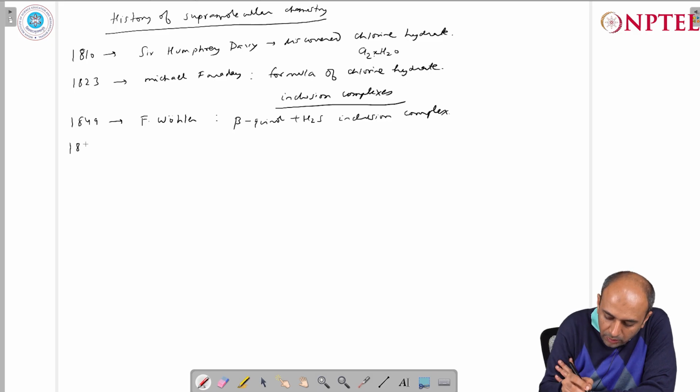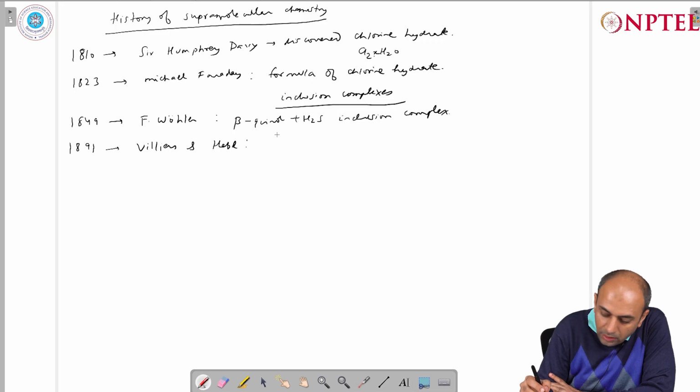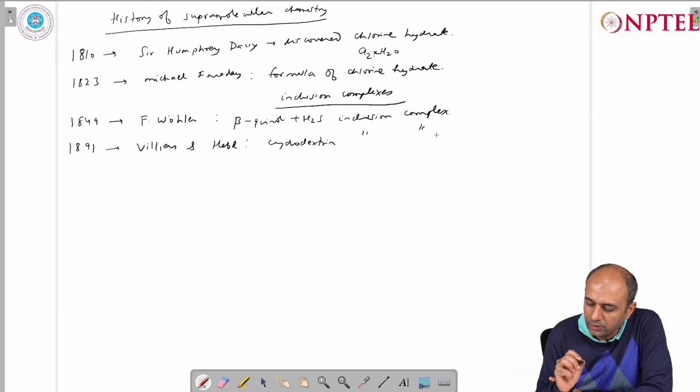Then in 1891, Villiers and Hebd discovered cyclodextrin inclusion complexes.